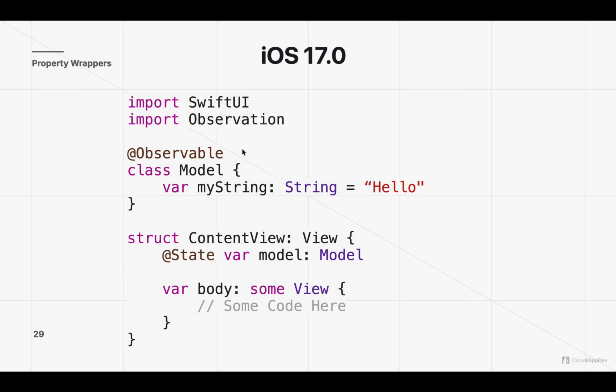So with 17 and above, what you can use is @Observable on a class, and then you can just use @State, even though it's a reference type, which is very neat. There's no more need to draw parallels and overcomplicate with many different wrappers. So yeah, that's about it.